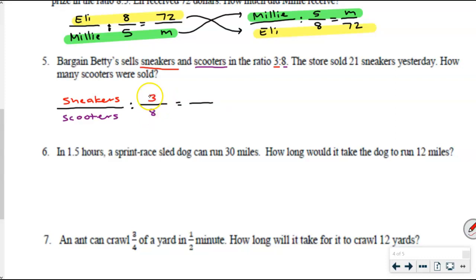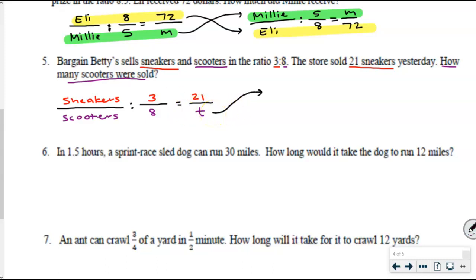Continue reading. The store sold 21 sneakers yesterday, so that 21 is going to go up here with the sneakers. How many scooters did they sell? That's the question. We're not sure. I'm going to go with T for scooters. There's my first proportion.